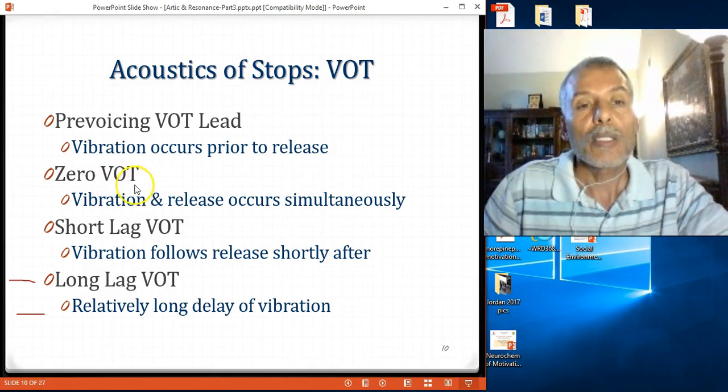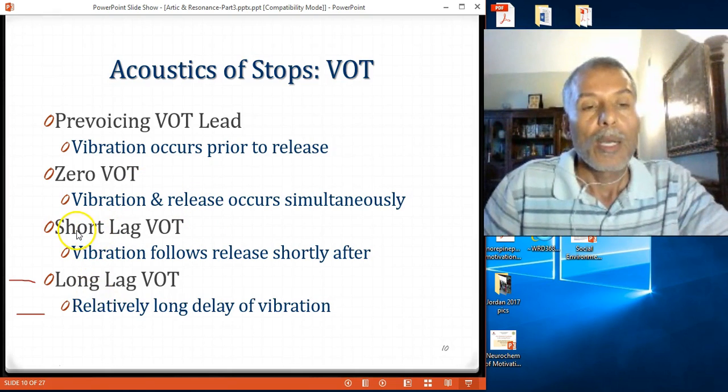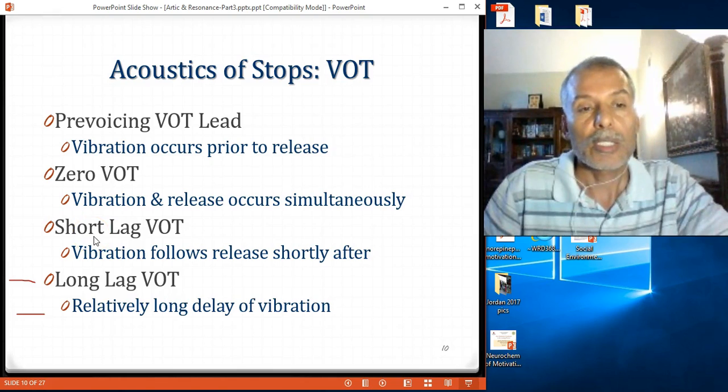Zero onset means both of them occur at the exact same time. And then the other one, short lag voice onset time, applies to voiceless consonants, and it might apply to some situations of the voiced ones.